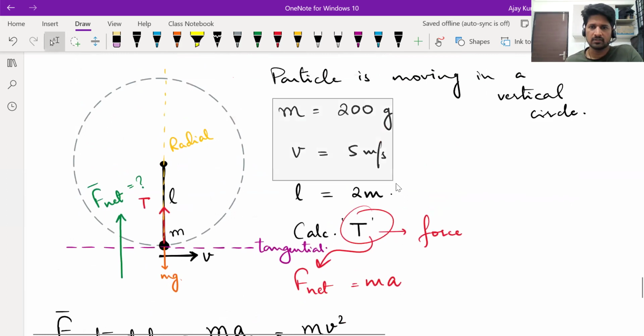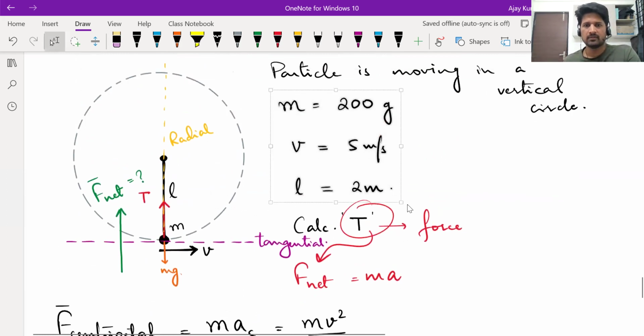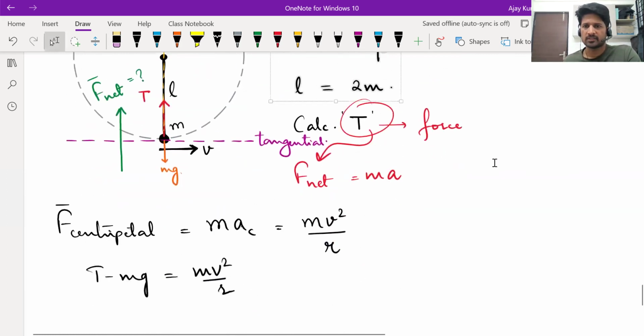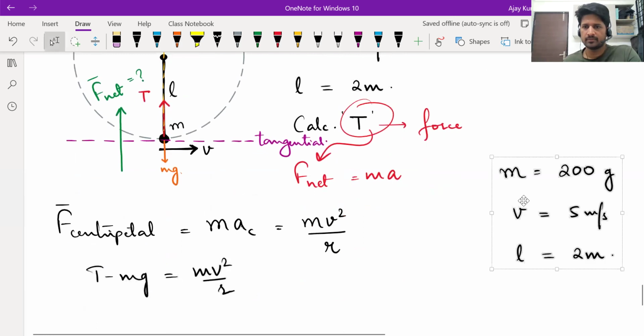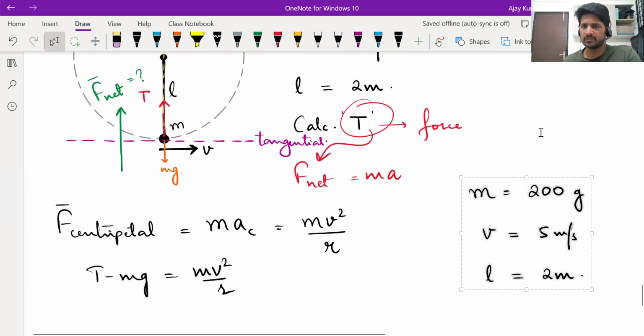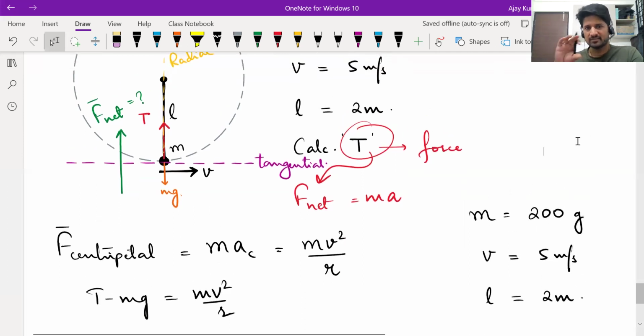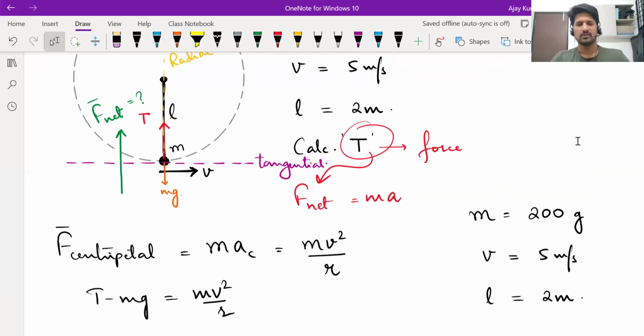These quantities, if you want, I'll copy them. The mass of the object is given to you in the problem. The speed with which it is moving is given. Length of the string is given. The length of the string itself is the radius in which the particle is moving. So radius is also known to you. Complete this, all of you.